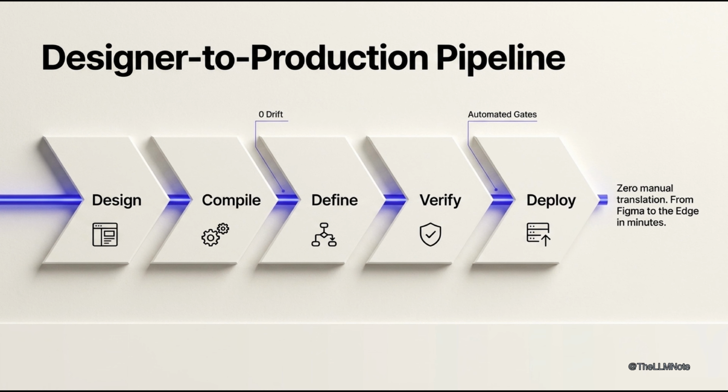Verify: automated gates check contract conformance, accessibility, and performance budgets. Deploy: edge-optimized bundles with instant rollback, previews, and monitoring. The pipeline eliminates manual translation. Design to code has zero drift. Every change is traceable, reversible, and contract verified. From Figma to edge in minutes, not sprints.